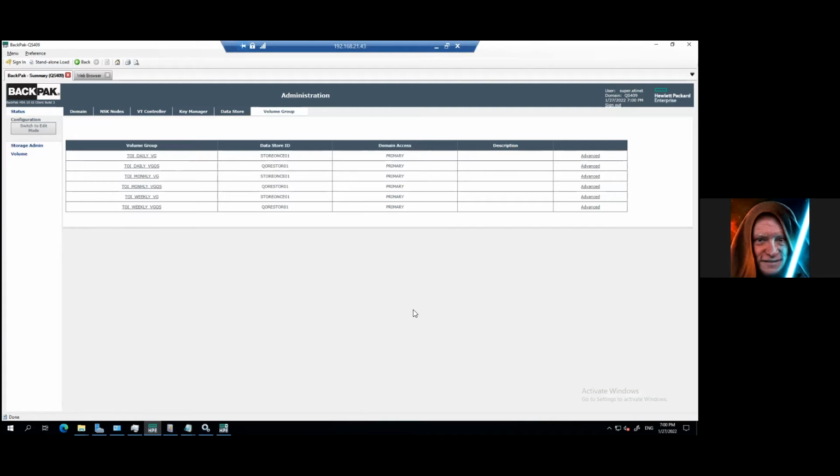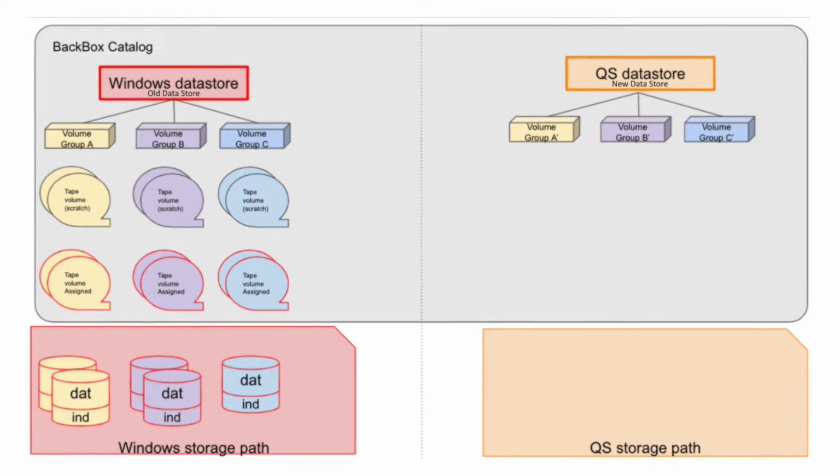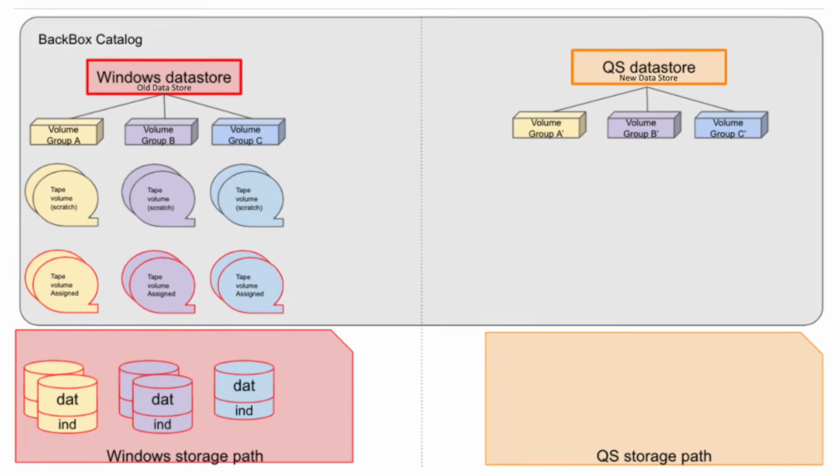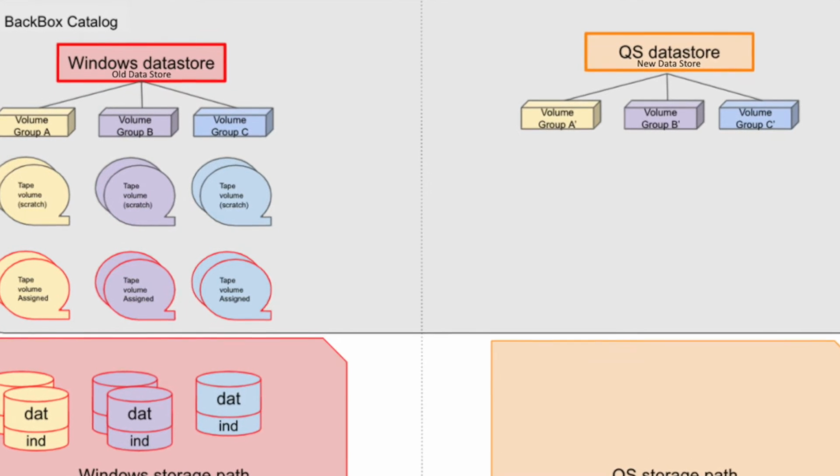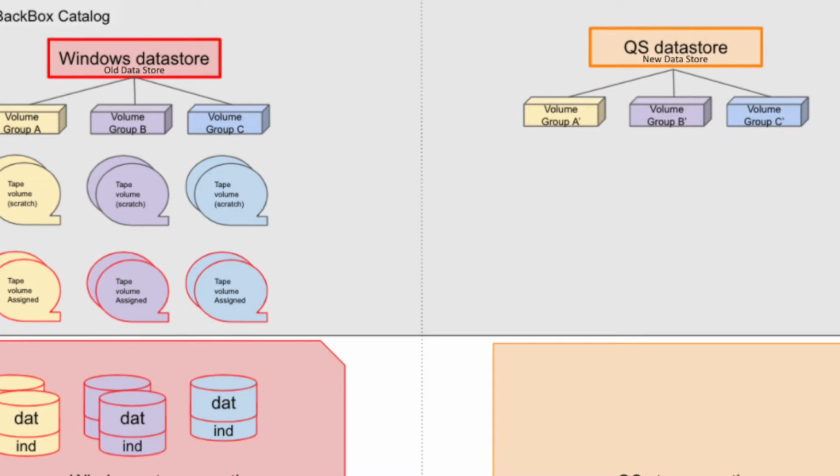Here are our 6 volume groups: 3 are attached to the StoreOnce, 3 are on the empty QoreStore. So basically, that's our starting point. We have everything under the WinStore, and all the rest is defined but with no data on it.